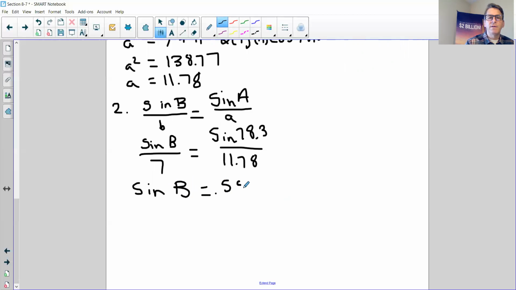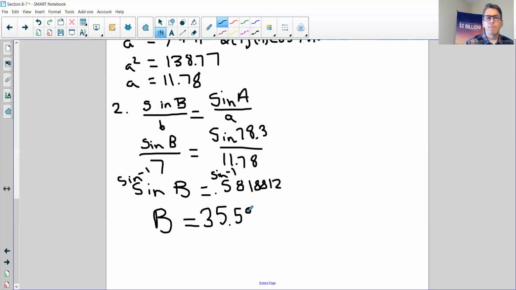Then take the inverse sine of both sides, the inverse of this side and the inverse of this side, and you end up with angle B to be 35.58. So angle B is 35.58.